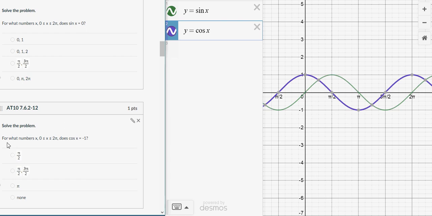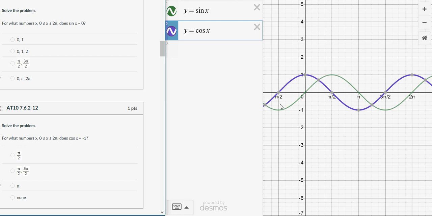The second question is similar: for what numbers x in the same range, from 0 to 2 pi, does cosine x equal -1? So here is sine x is 0. Here is cosine x is -1.